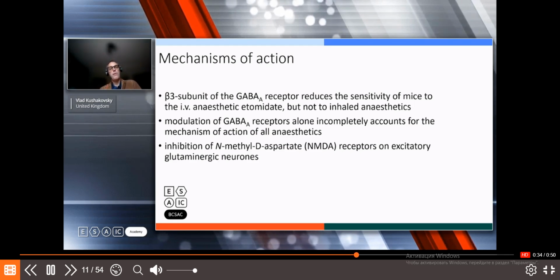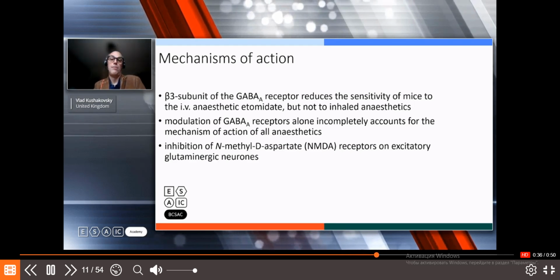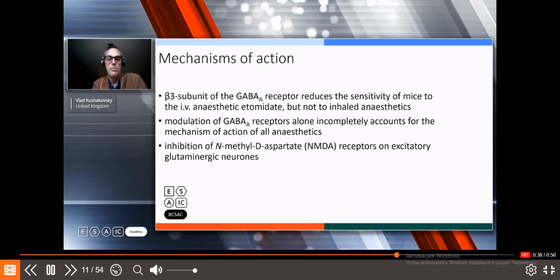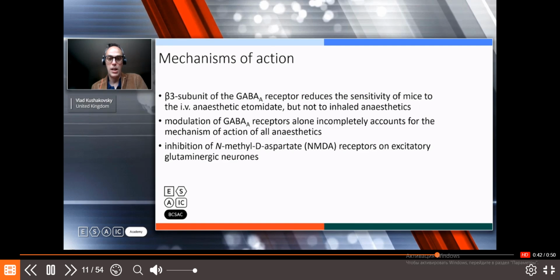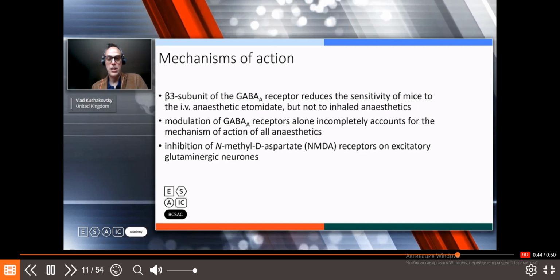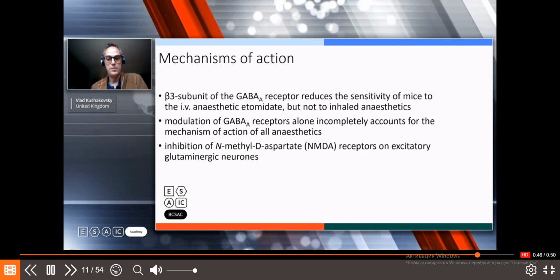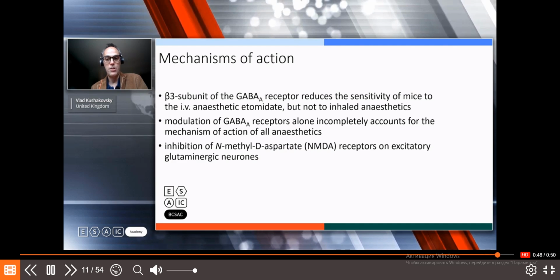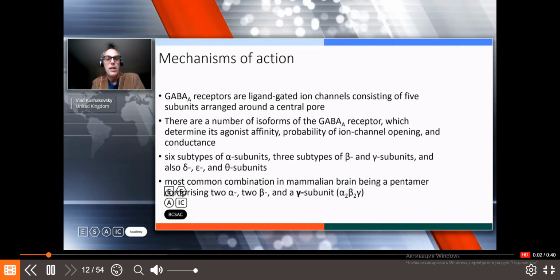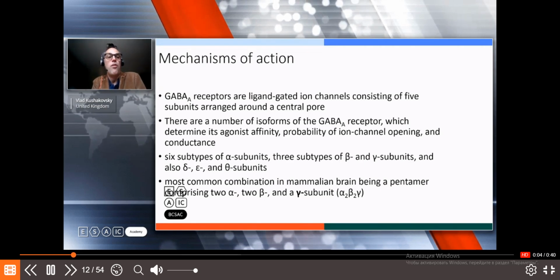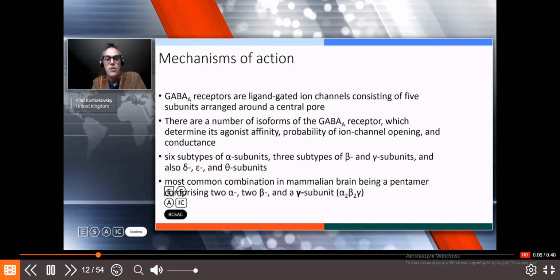It's important to remember that NMDA receptors are excitatory in nature, as opposed to GABA-A receptors. So the anesthetic agents decrease the firing of these receptors. GABA-A receptors are ligand-gated ion channels consisting of 5 subunits arranged around a central pore.